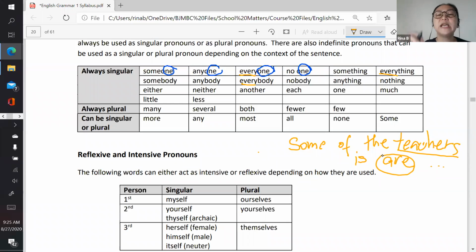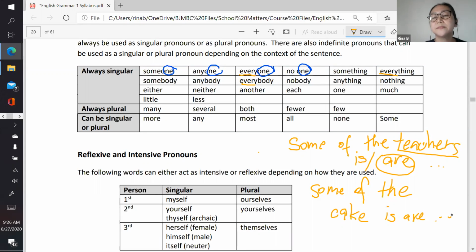But if the sentence says, some of the cake, what do you write? Is or are? Some is a pronoun that can either be plural or singular.